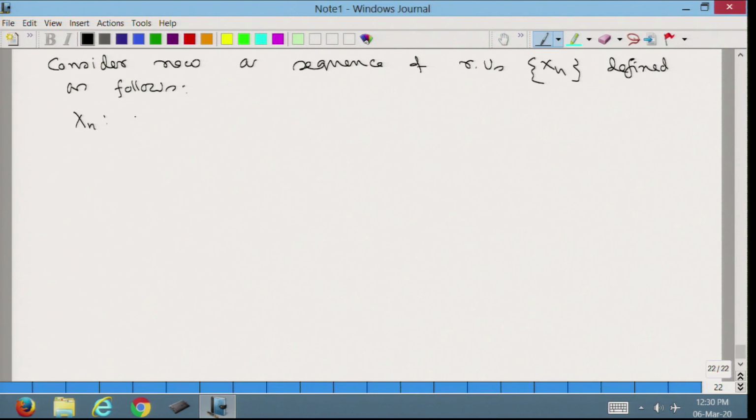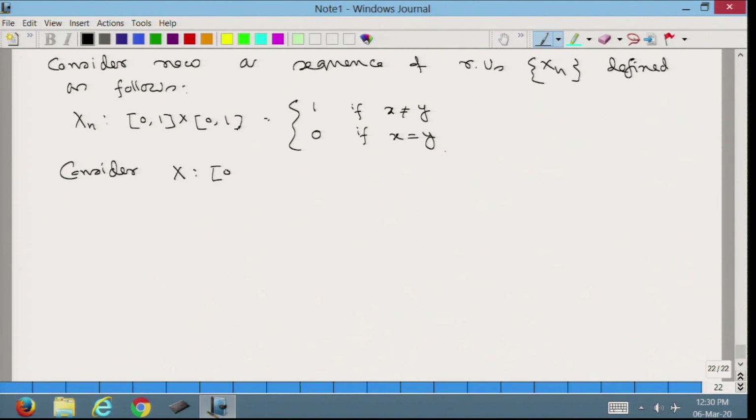X_n is defined on [0,1] cross [0,1] such that it takes the value 1 if X is not equal to Y and 0 if X is equal to Y. Consider X to be defined on the same Omega such that X is equal to 1 for all (x, y) such that 0 less than or equal to x, y less than or equal to 1.